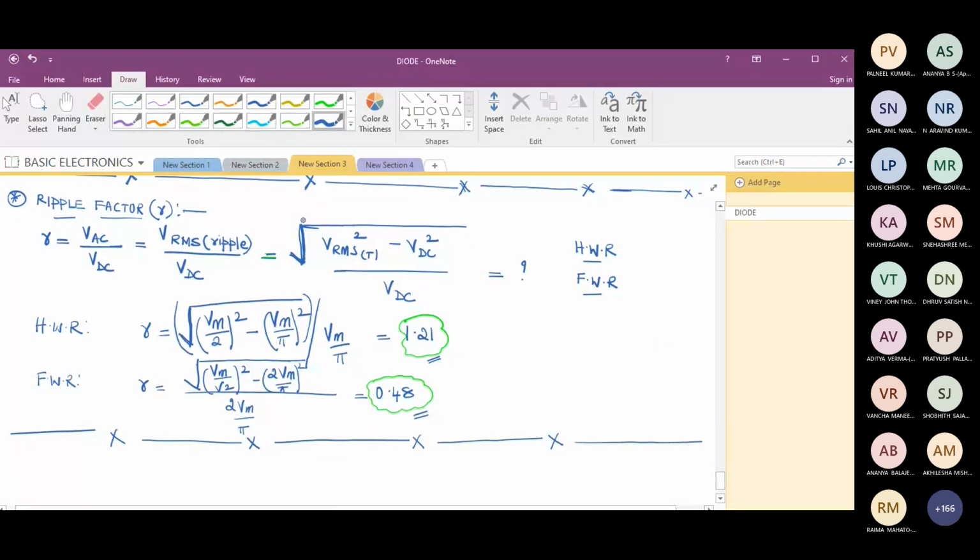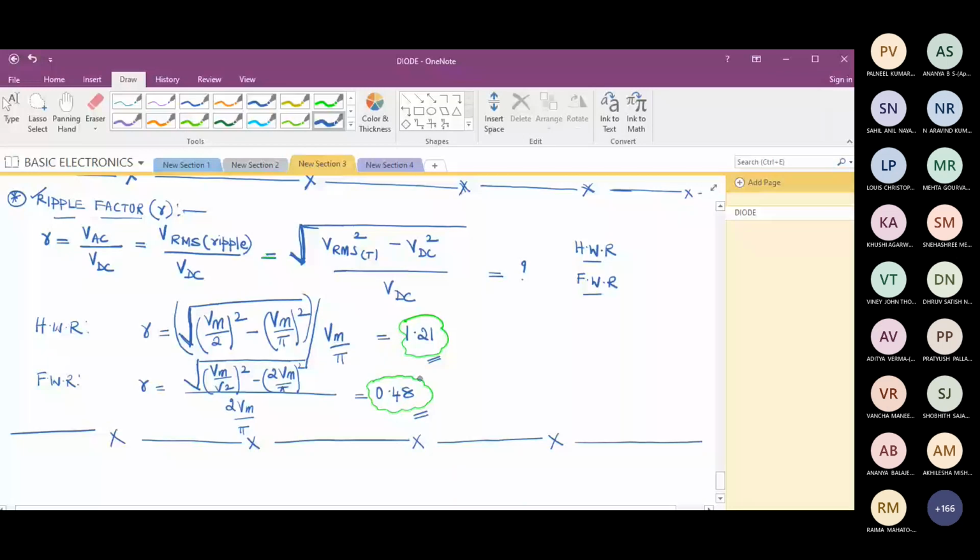If the AC content of the signal is more, I get a very high ripple factor. If the AC content is less, the ripple factor reduces because the RMS of the ripple reduces. So by looking at this parameter, ripple factor, we understand how much AC content is present in the signal. That is the significance of this parameter.